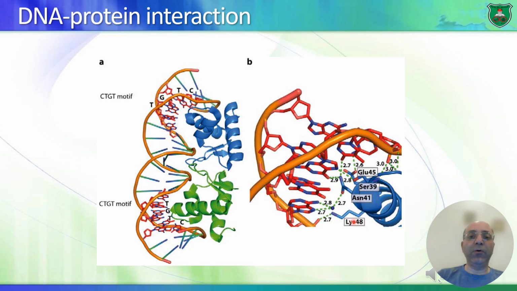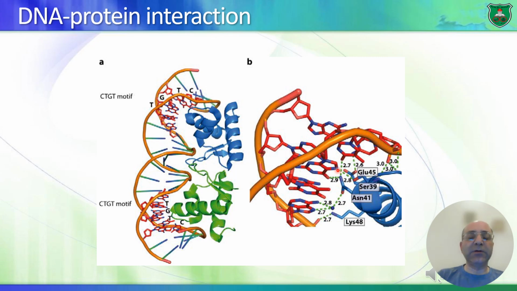Now, these groups of amino acids can interact with the bases of DNA. And these interactions can be really specific. The order of the bases, as well as the overall three-dimensional structure of the amino acids, can determine the specificity of interaction between proteins and DNA.